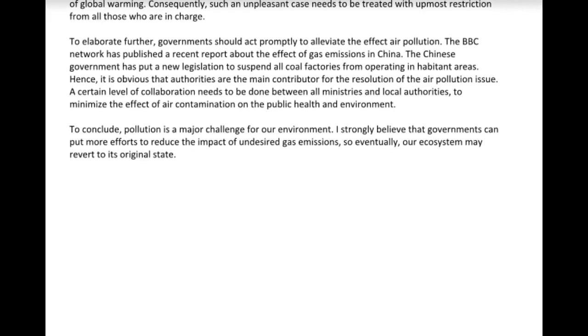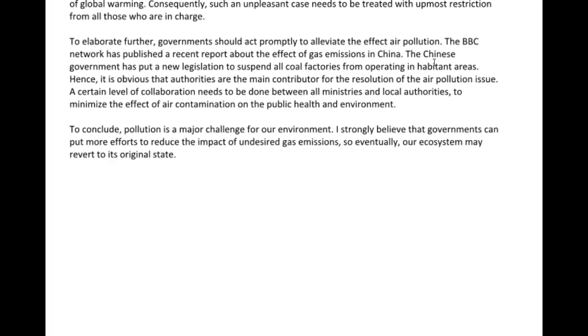To elaborate further, governments should act promptly to alleviate the effect of air pollution. The BBC network has published a recent report about the effect of gas emissions in China. The Chinese government has put in new legislation to suspend all coal factories from operating in inhabited areas. Hence, it is obvious that authorities are the main contributor for the resolution of the air pollution issue.